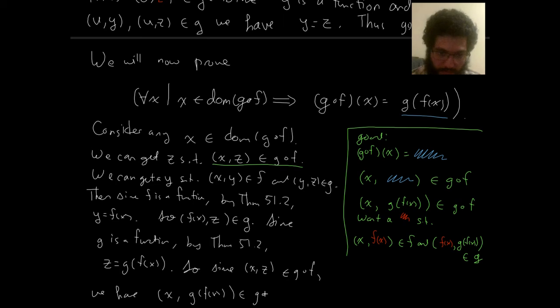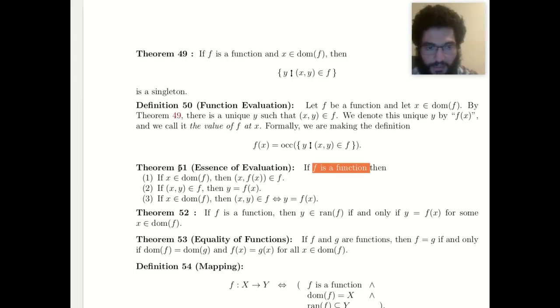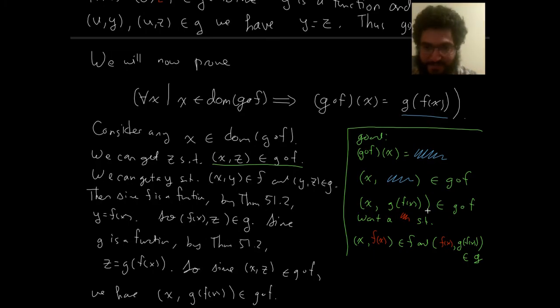And the reason that was our goal was because, again, theorem 51 tells us that's what it takes. Theorem 51 part 3, I guess, tells us that's what it takes, well, part 2, part 3 also, but let's just reference part 2 to be more specific. That tells us that's what it takes to get g composed with f of x to equal this thing.